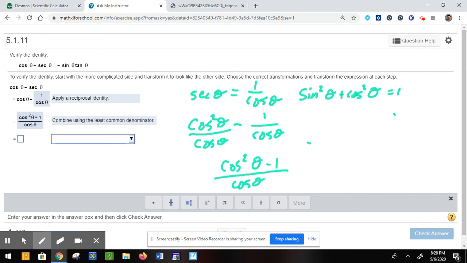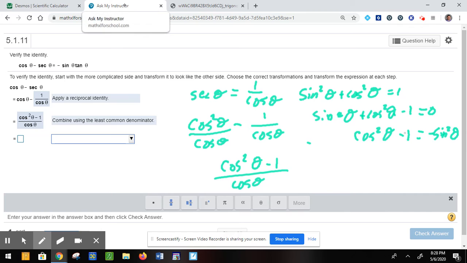I need to manipulate that identity to make it look like cosine squared theta minus 1. So if I subtract 1 from both sides, I get sine squared theta plus cosine squared theta minus 1 equals 0. I'm then going to subtract sine squared theta from both sides, and I get cosine squared theta minus 1 is equal to negative sine squared theta.